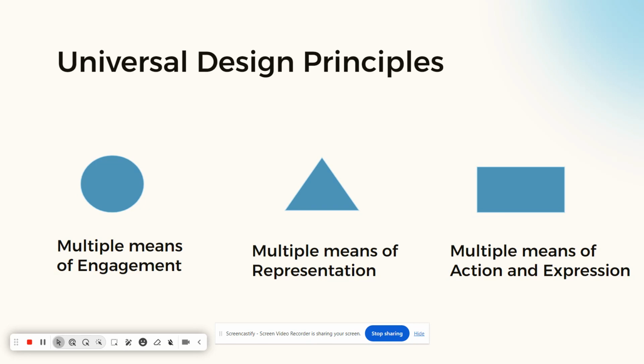And then for means of action and expression, we're looking at how students demonstrate what they know in various ways, whether it be projects, presentations, tests. Are there different ways that they can show you what they know than the way that you might have originally envisaged?